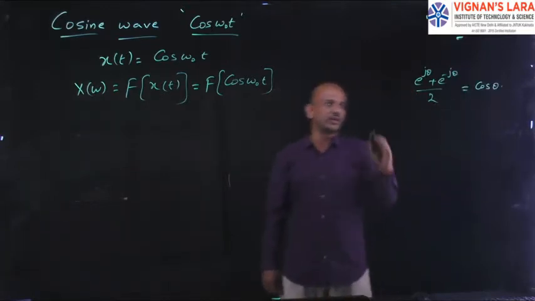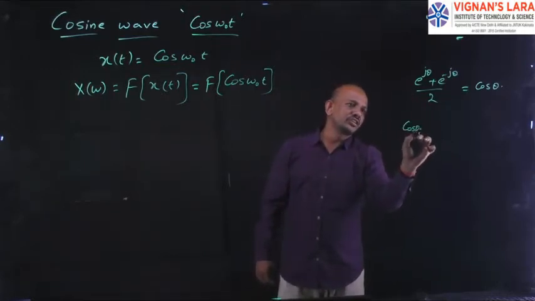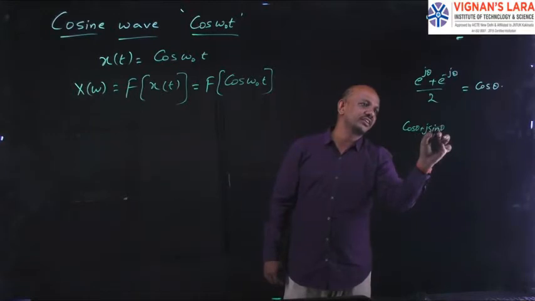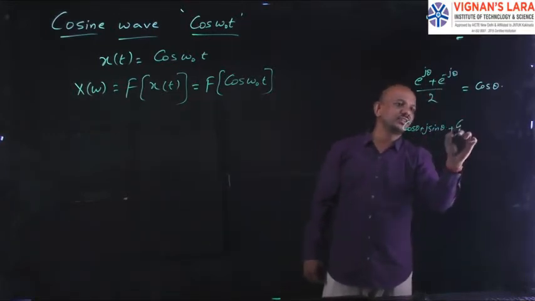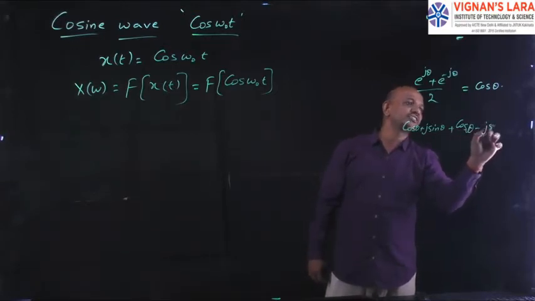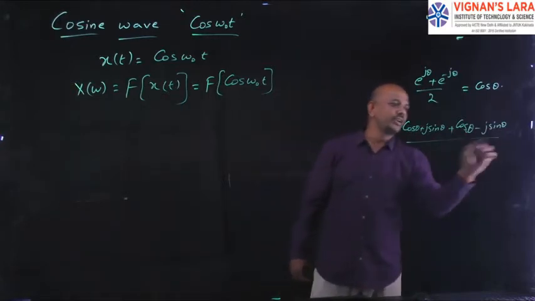Simply, how can you get this? Here e power j theta means cos theta plus j sin theta, plus e power minus j theta is cos theta minus j sin theta, and the whole divided by 2.